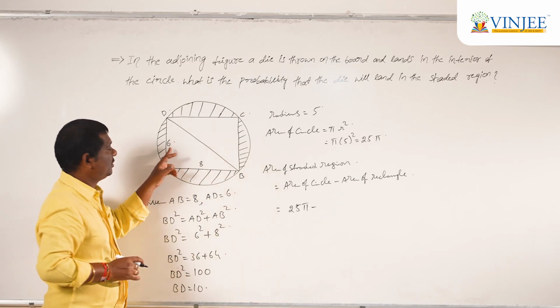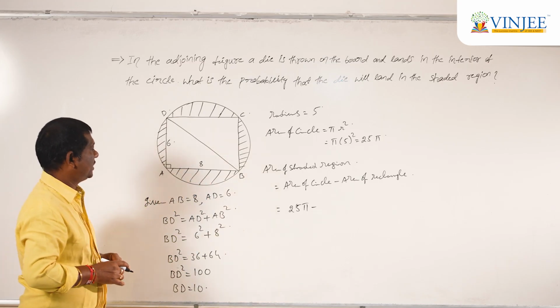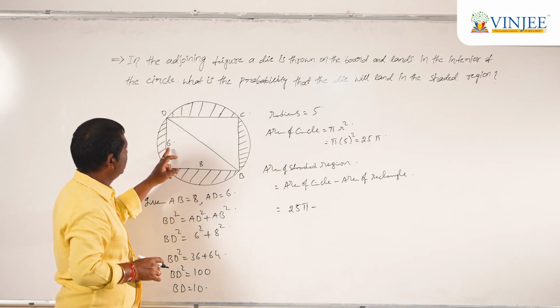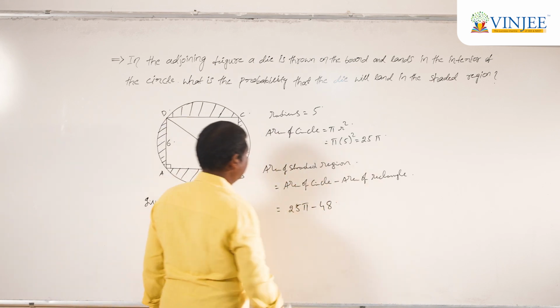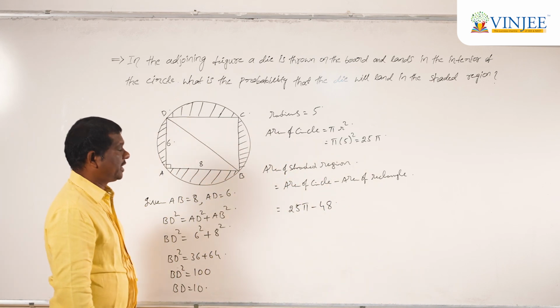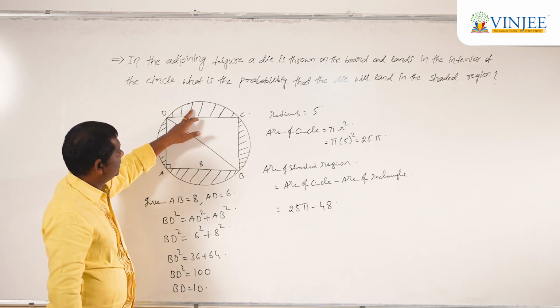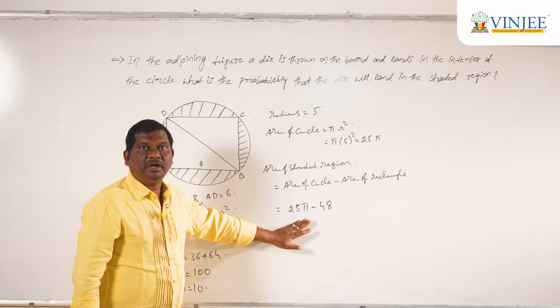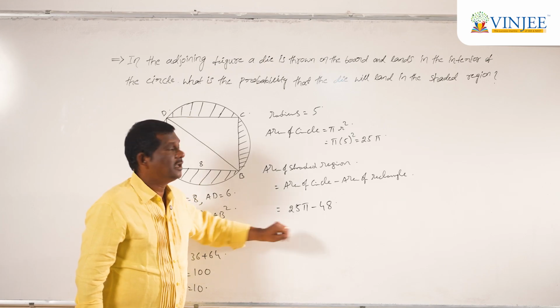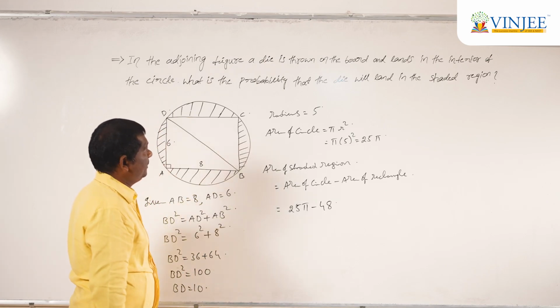Length and breadth are given, so it will be 8 into 6, that is 48. Now the die should fall on this shaded region. That means the area of the shaded region is 25 pi minus 48.